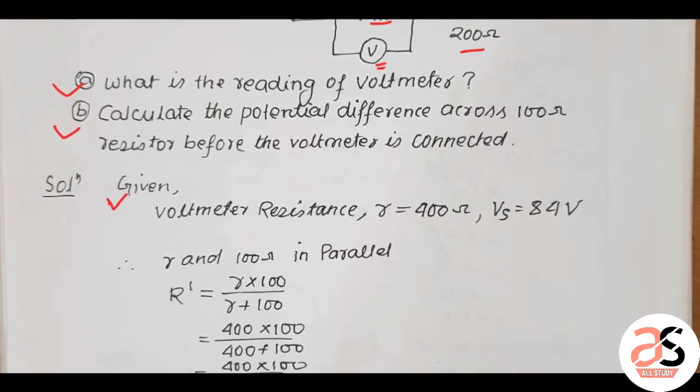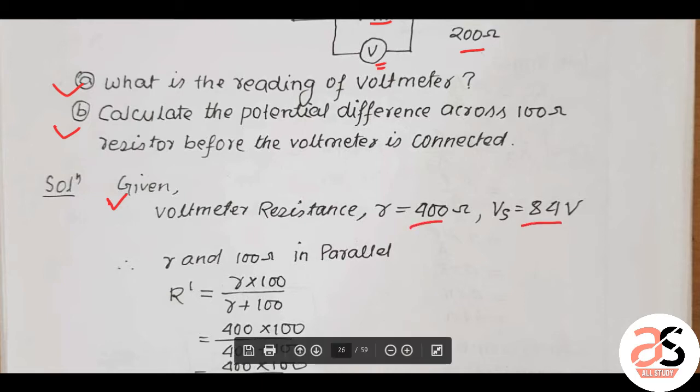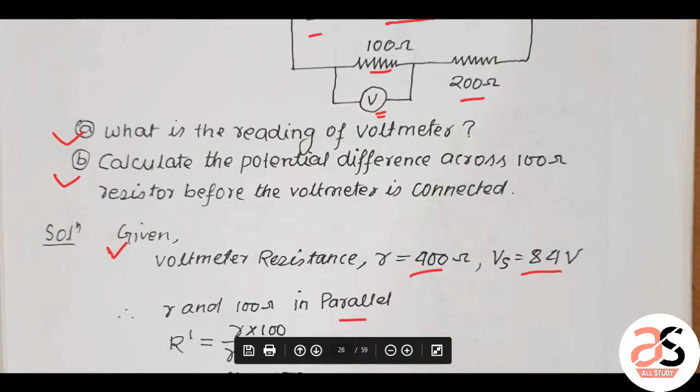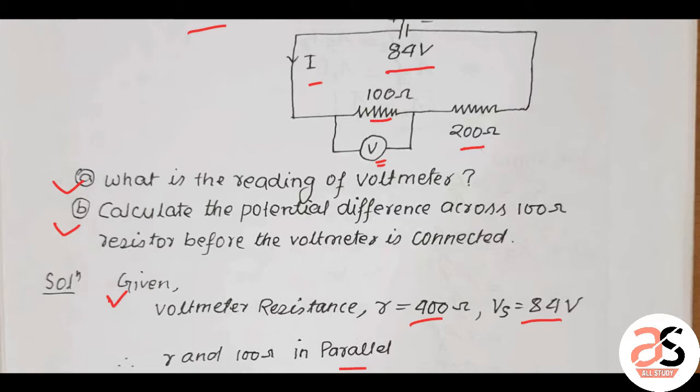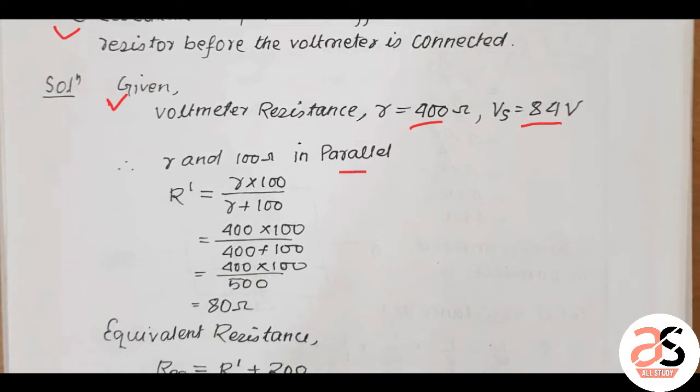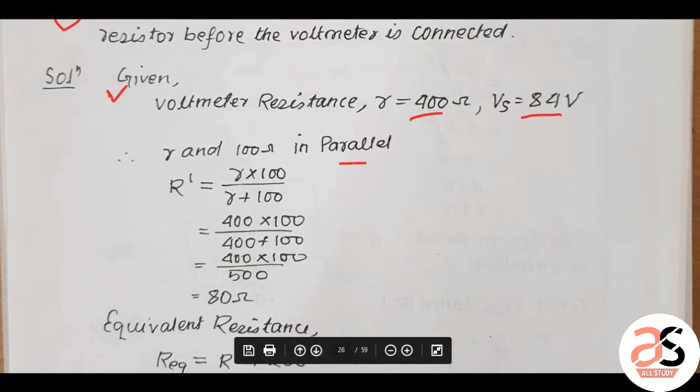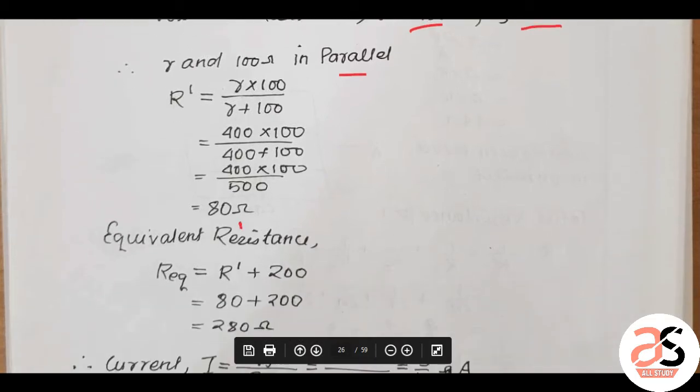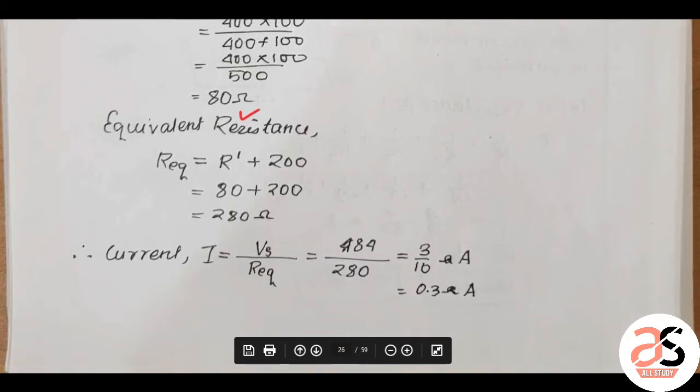Here the given data are voltmeter resistance 400 ohm and supply voltage 84. So small r and capital R are in parallel. The internal resistance of the voltmeter will be in parallel with 100 ohm. After combining, we get 80 ohm.